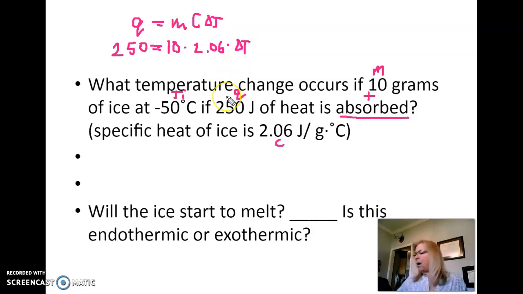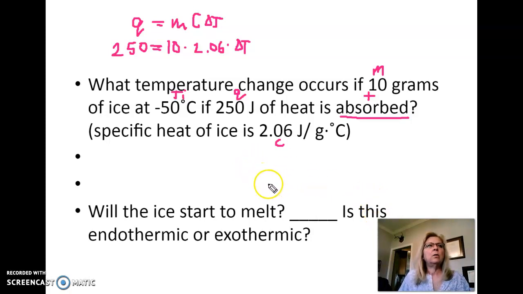And so we do not actually have to figure out what the first temperature or the last temperature is. We're just asking, well, what is the temperature change?